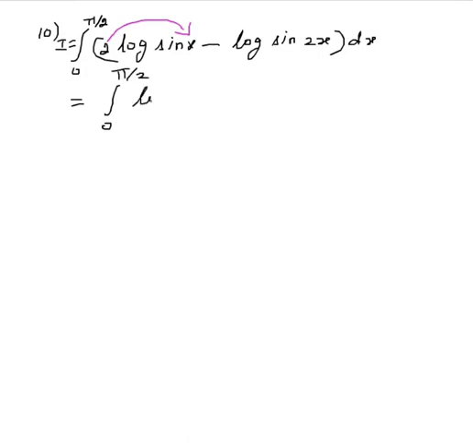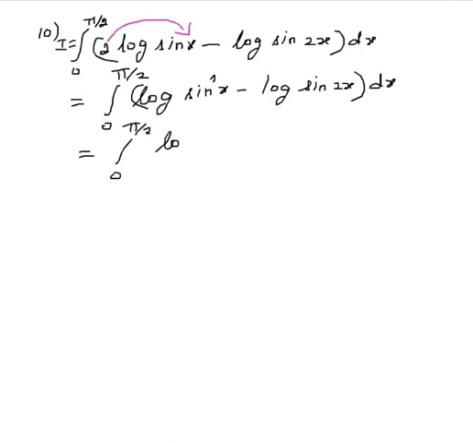Integral 0 to pi by 2 of log of sin square x minus log of sin 2x dx. Log a minus log b is log of a by b. So the function becomes log of sin square x divided by, write sin 2x as 2 sin x cos x, so that we can simplify further.